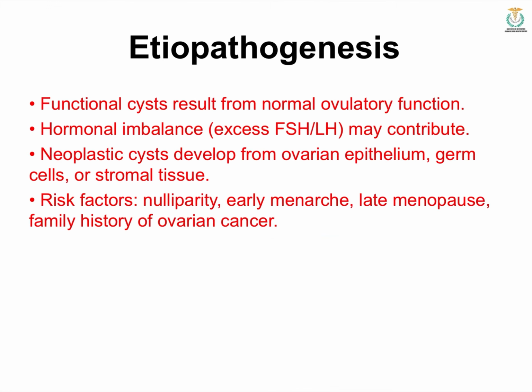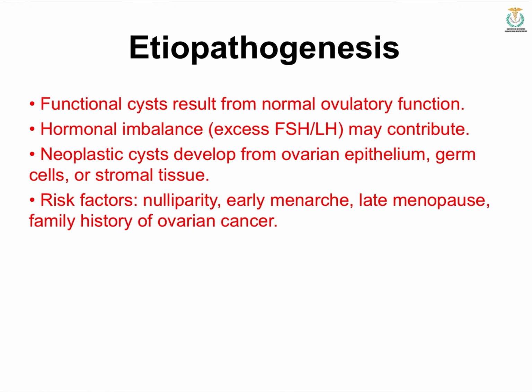Moving on to the etiopathogenesis. A functional cyst results from the normal ovulatory function. This may be due to hormonal or genetic factors, or hormone imbalance because of excess FSH or LH, which may contribute.